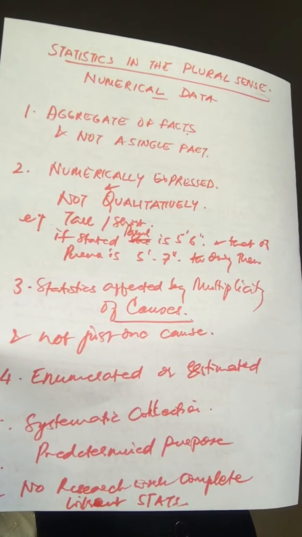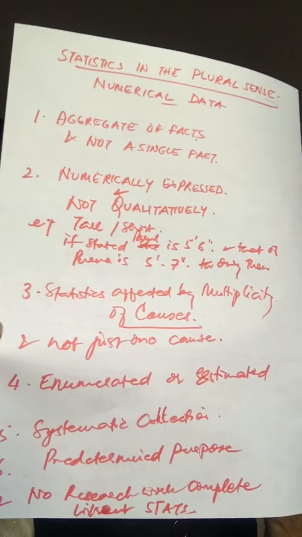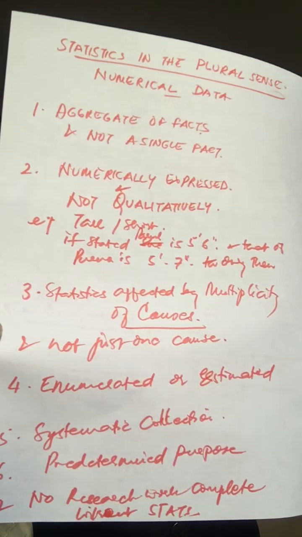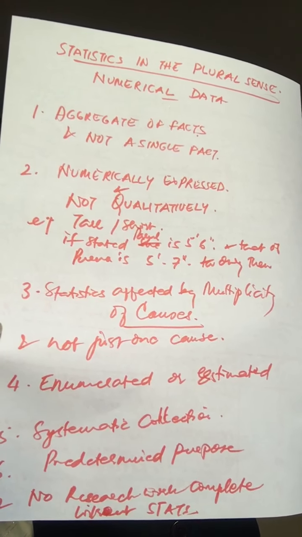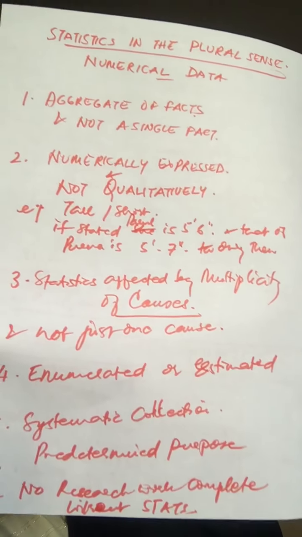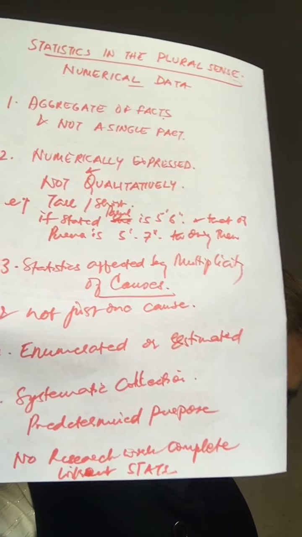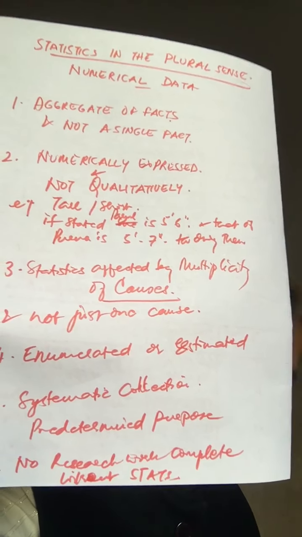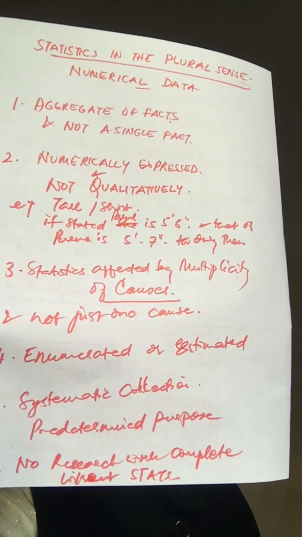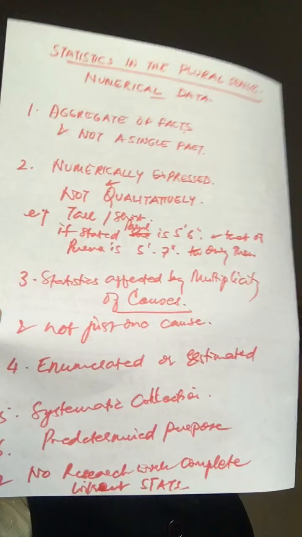If I say a single figure of 60 marks is statistics, it makes no sense. But a series relating to the marks of a group of students, how many marks did they get, that could be called statistics. Or if a household is talking about the marks of his children, that will make statistics.